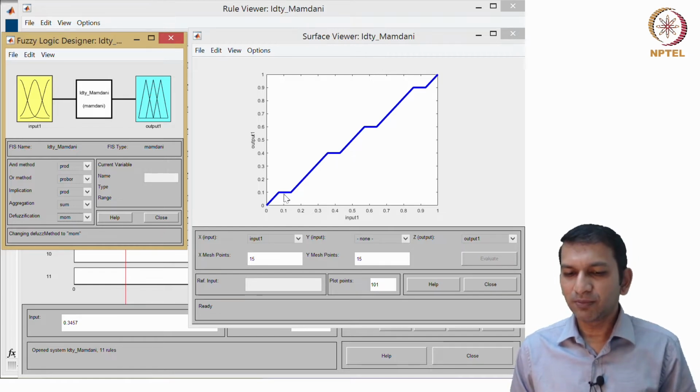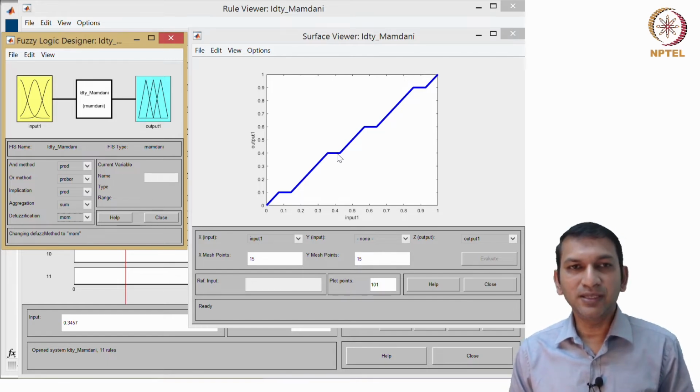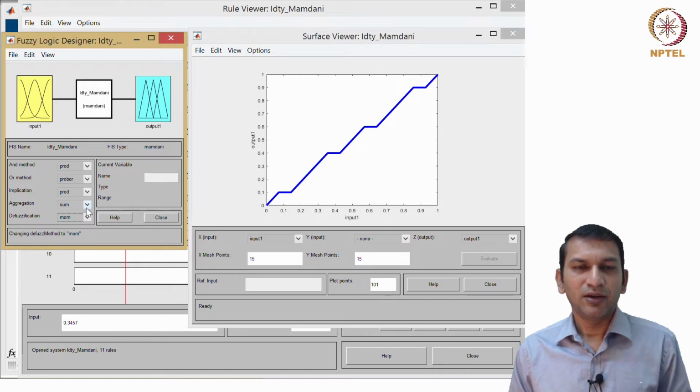So on these parts where it is a constant function, clearly it is not approximating as well as we obtained with either the bisector method or the center of gravity defuzzifier. However, it is still continuous.